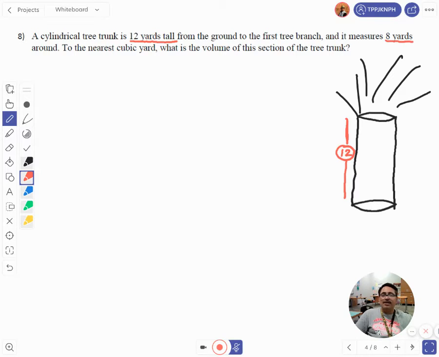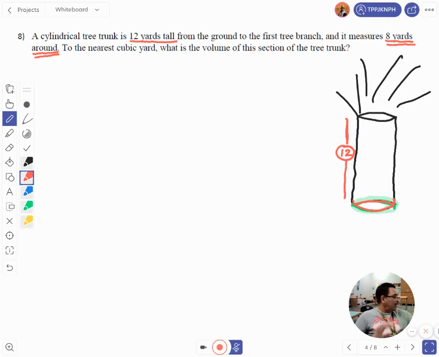This is the really tricky part: it measures 8 yards around. Observe carefully that around means the circumference. I repeat, it is the circumference.